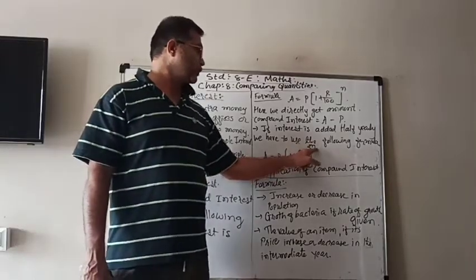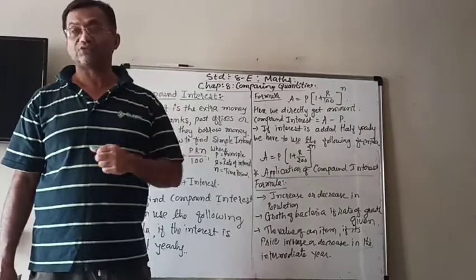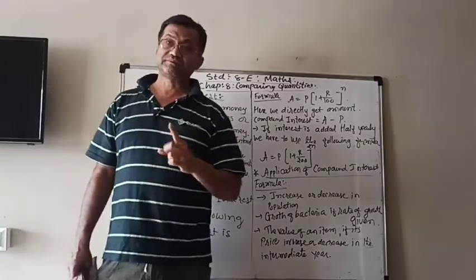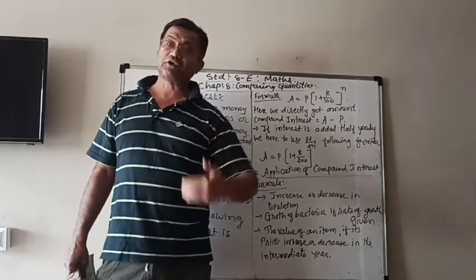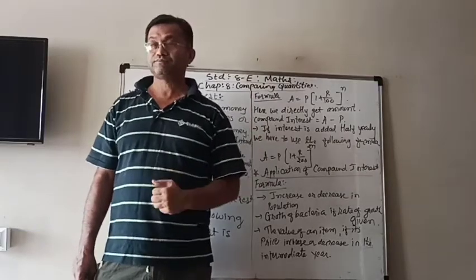And in place of n, we have to write twice of n, because in 1 year there are 2 times 6 months. Therefore, we have to put 2n in place of n.